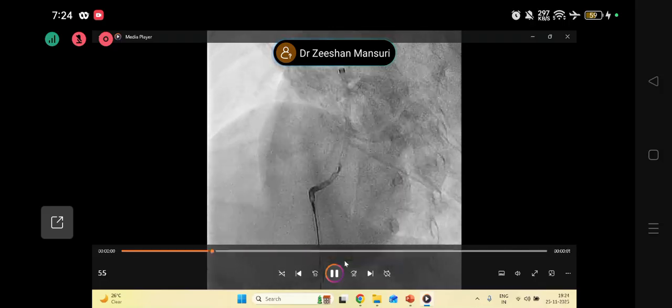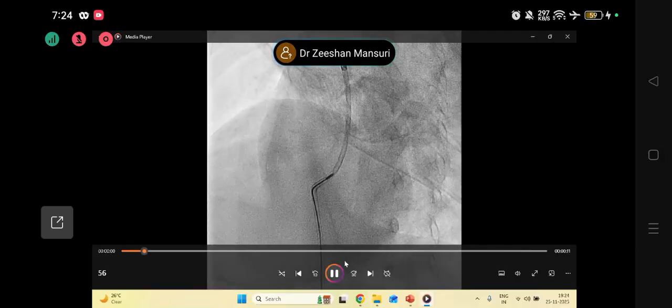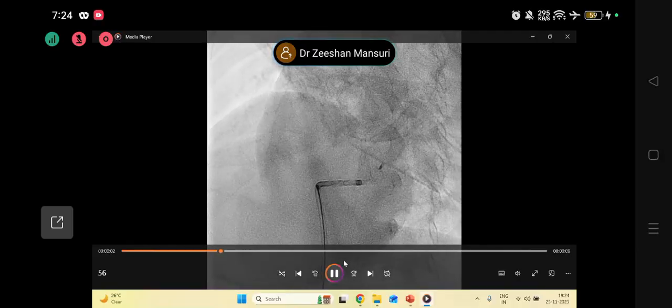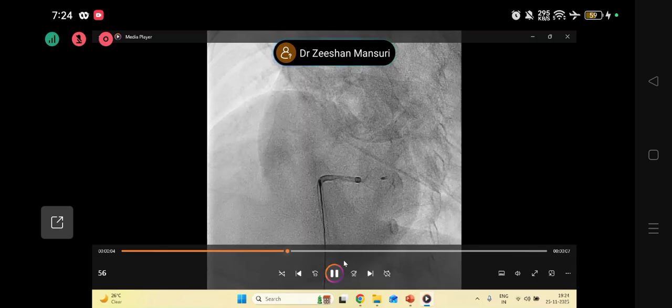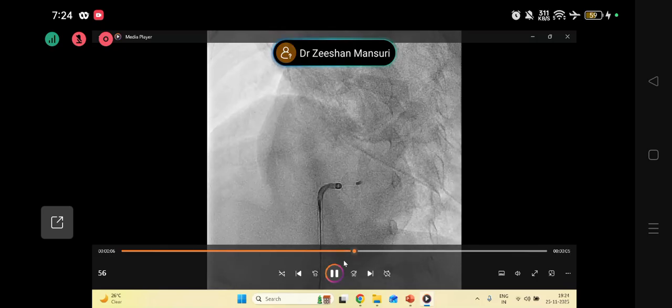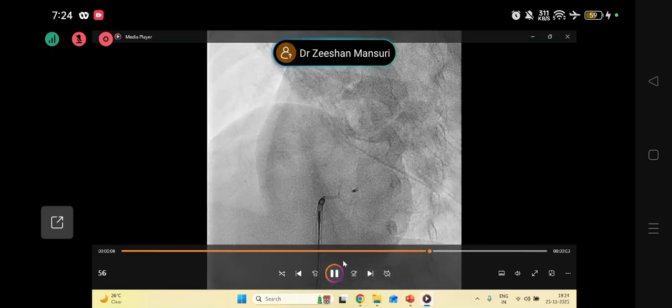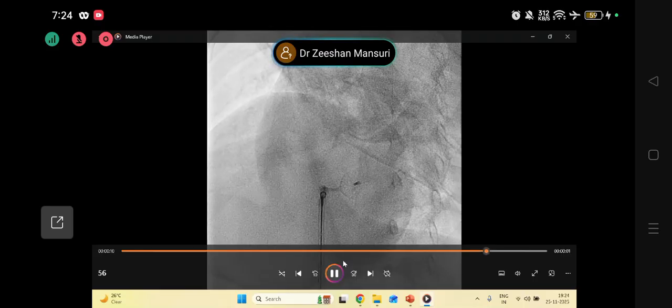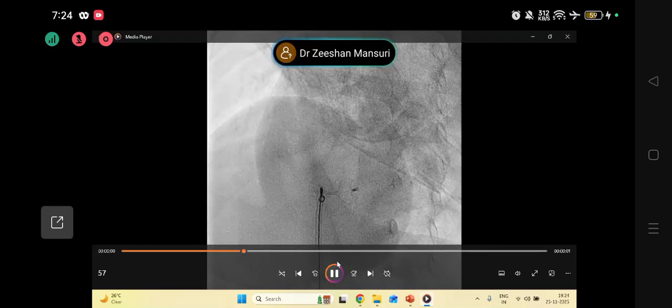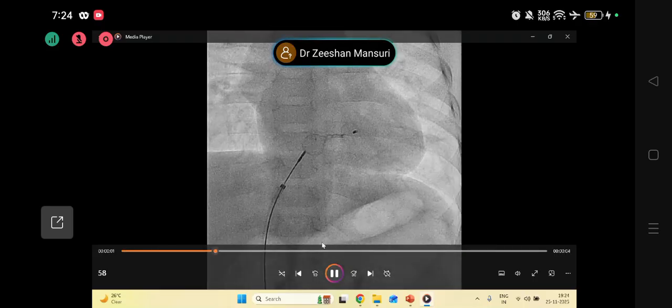Then we take the device, we confirm the free movement of the device. This is a Konar MF 8x6 device. So the LV disc is opened, then we take it out, and then we try and open the RV disc. When we confirm it in multiple views, we found that the RV disc was in the RA.